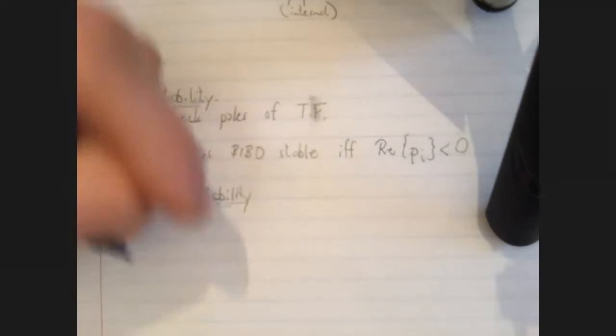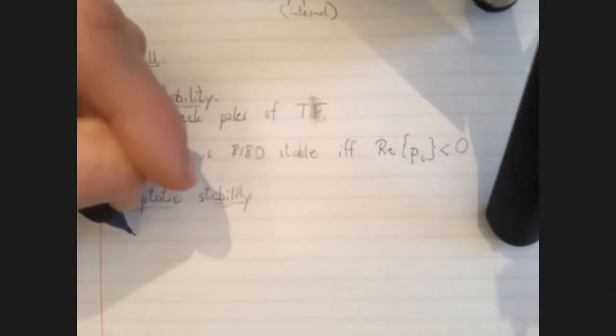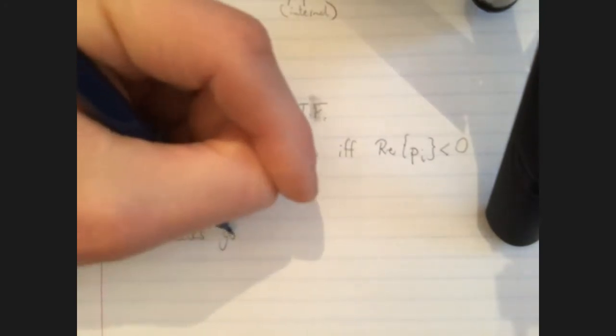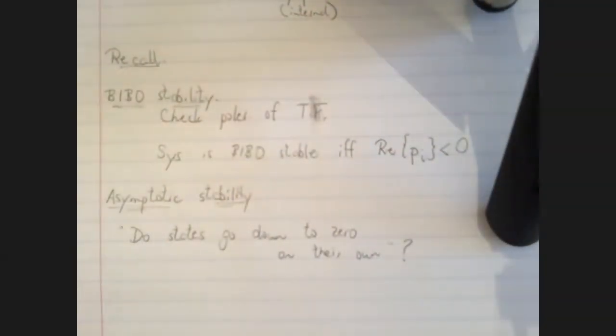The question asymptotic stability answers is: do the states go down to 0 on their own? That's the intuitive way of understanding asymptotic stability.